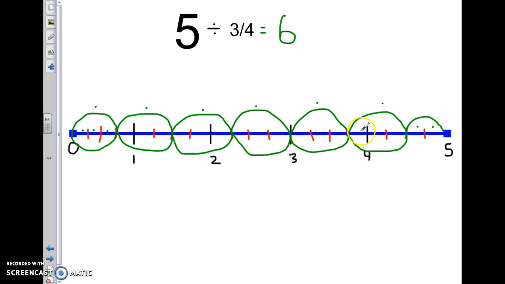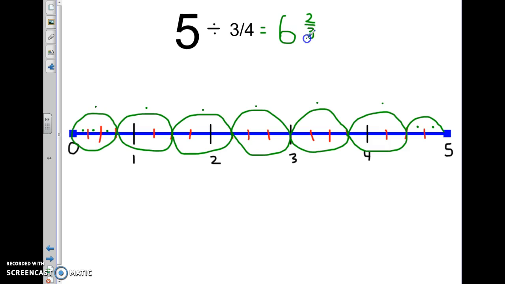And how many of these little sections make a group of 3/4? 1, 2, 3. There are 3 little sections that make up this group of 3/4, but here I only have 2. So that tells me I have 2 out of how many I needed as a whole group? 3.